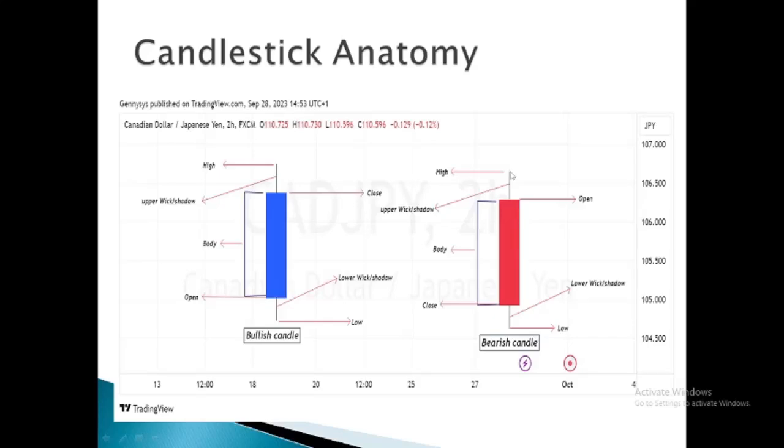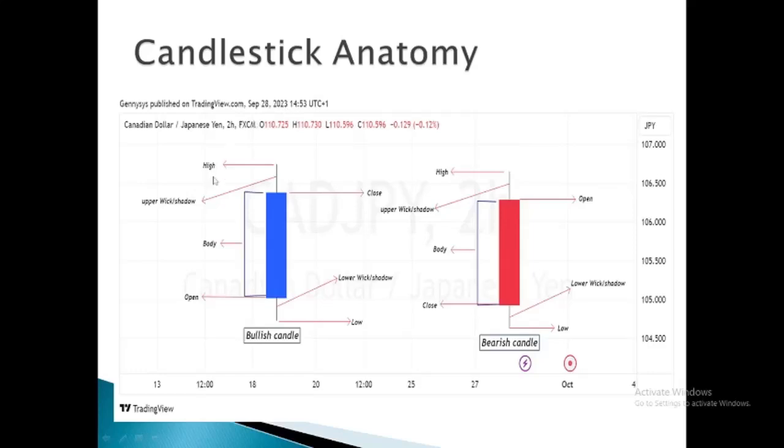And before that 1 hour was over, the price was all the way down here. But by the time the 1 hour was over, the price was right here, closed here. So the bearish candle opens up, closes down, and then we have the high and the low.